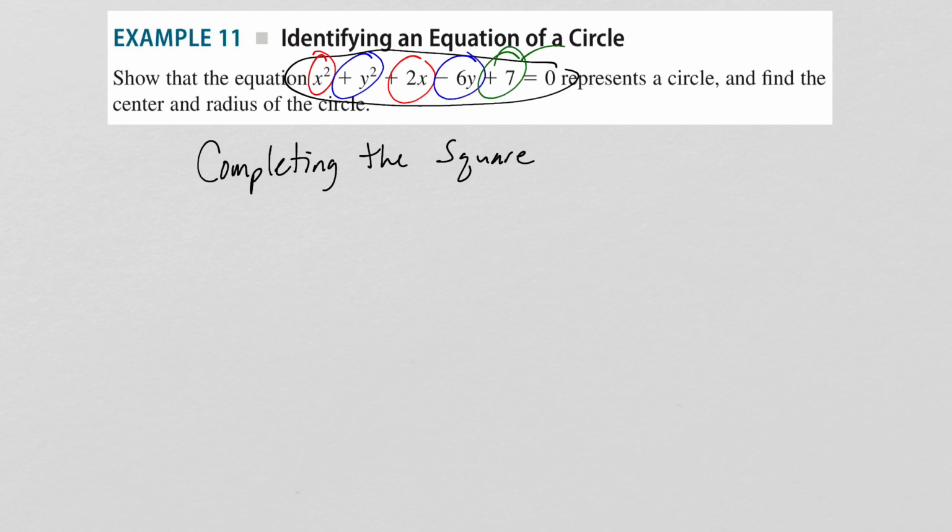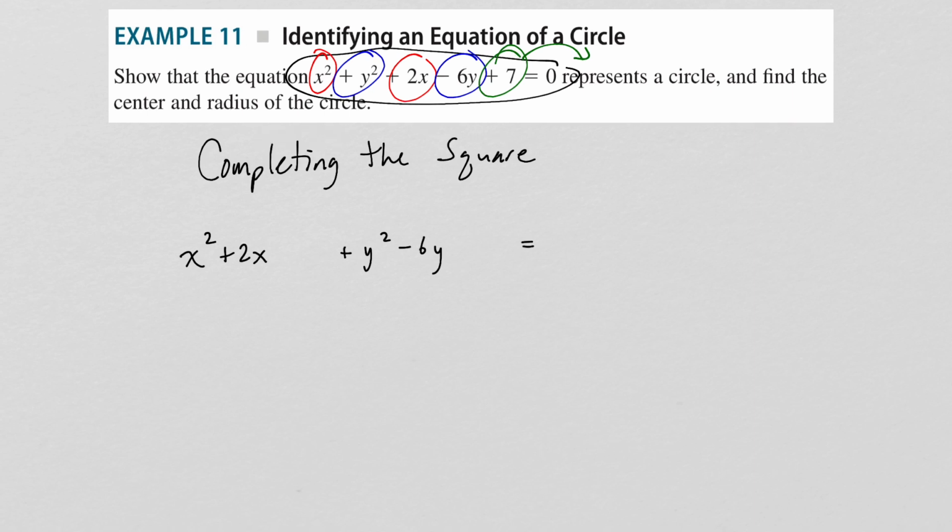And then the number here, I'm going to move that over to the other side. So this equation becomes x squared plus 2x. Now we'll leave a little space, plus y squared minus 6y, leave a little space, and then the plus 7 right here, we're going to subtract 7 from both sides to move it over to the right-hand side.